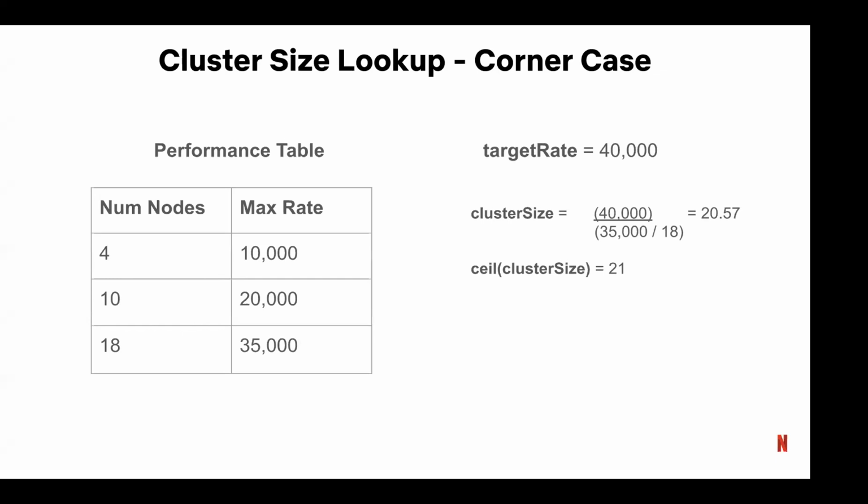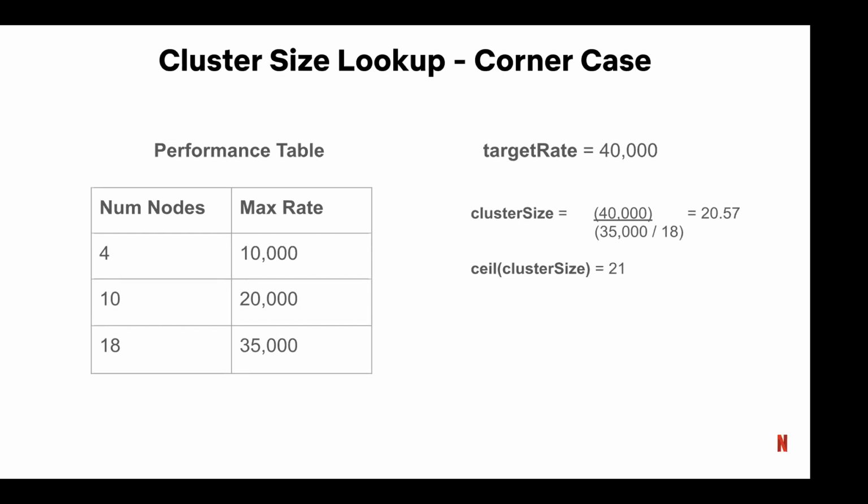So that was a happy case where the target event rate was in between 2 existing entries in the performance table, but that won't always be the case, especially before the performance table has been fully populated.